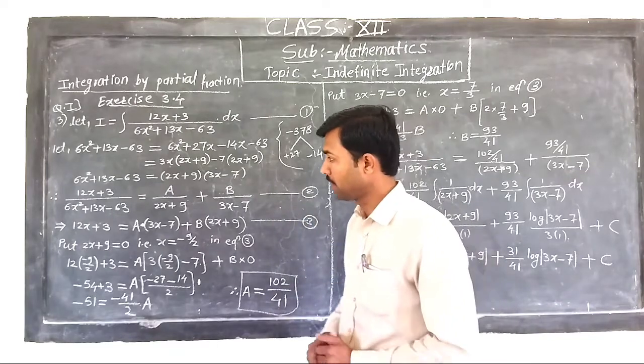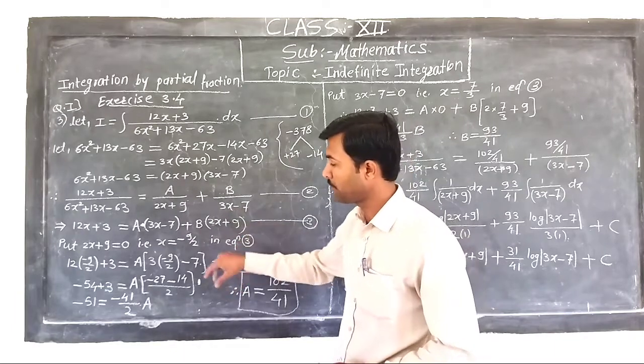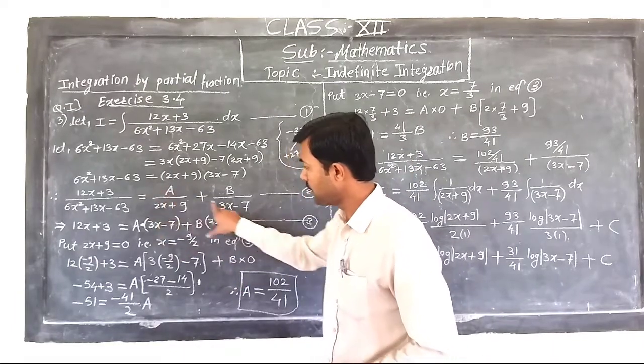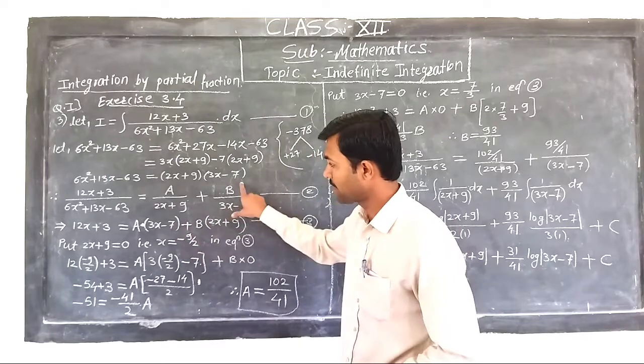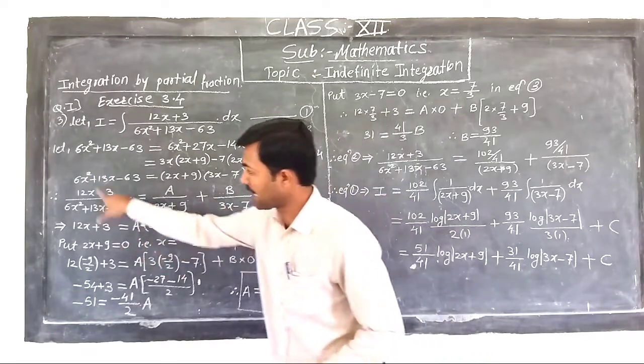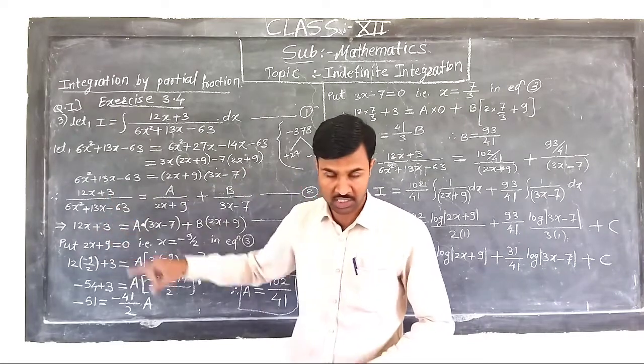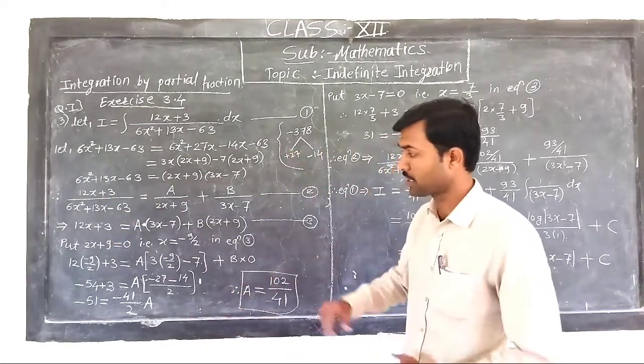After solving this, we use cross multiplication here, and we get a into 3x minus 7 plus b into 2x plus 9, and the product of the denominators gets cancelled with this denominator, and the remaining term is 12x plus 3. This is our equation 3.